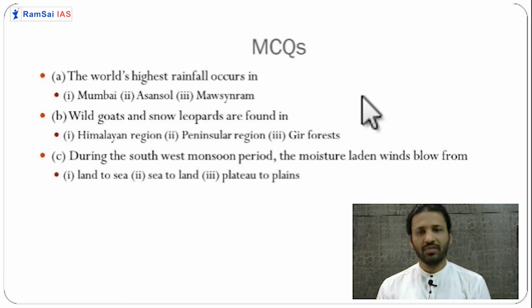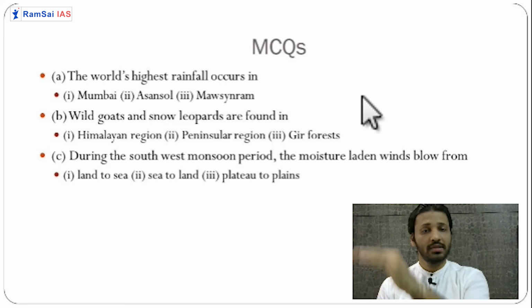This chapter we are going to see in detail. Right now you just understand. They attract the trade wind from the southern hemisphere and this trade wind reaches India.